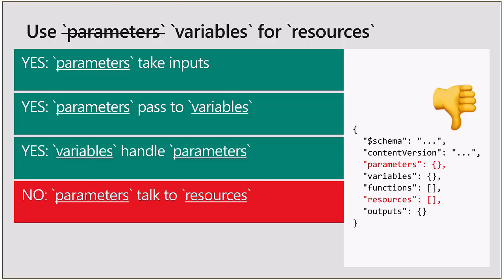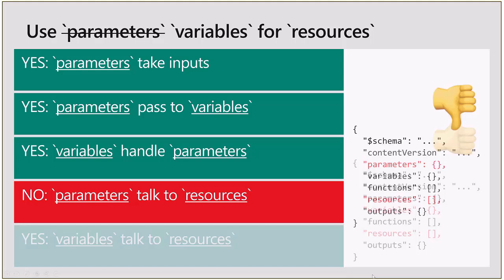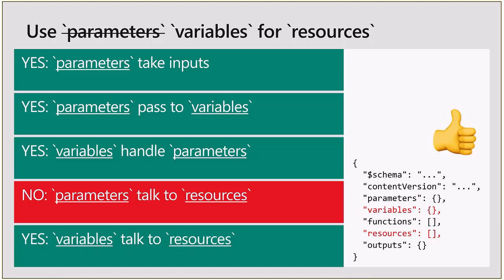We only look at a small amount of the resource section and the variable section to find bugs. So I would suggest variables should talk to the resource section only, not the parameter section.